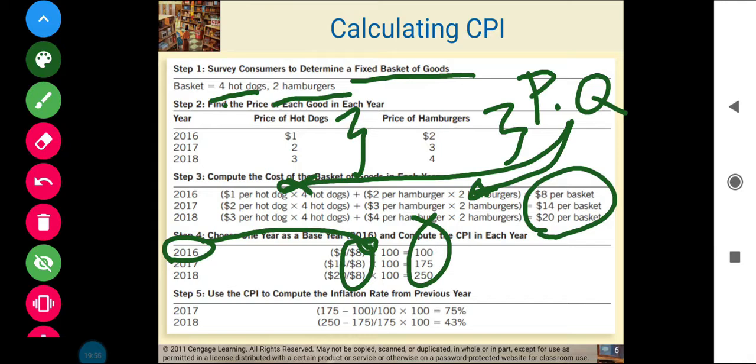We cannot compute the inflation rate in 2016. So we just compute the inflation rate for 2017 and 2018. This is the value of inflation rate for each year.